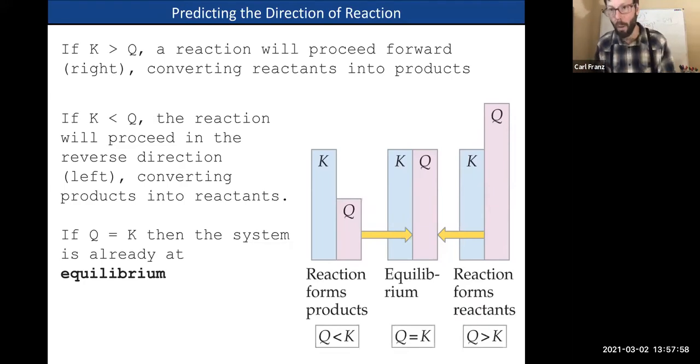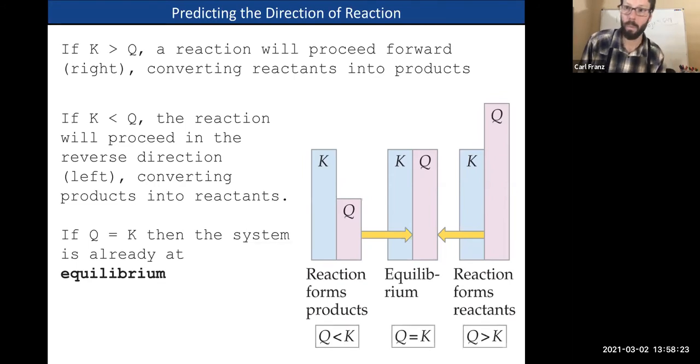So we'll have problems, and Alia will get to those problems, where you have to determine, based on the relationship of K and Q, whether or not the change is positive or negative. We'll have problems where you have to look at these relationships to determine which direction is going to be favored.